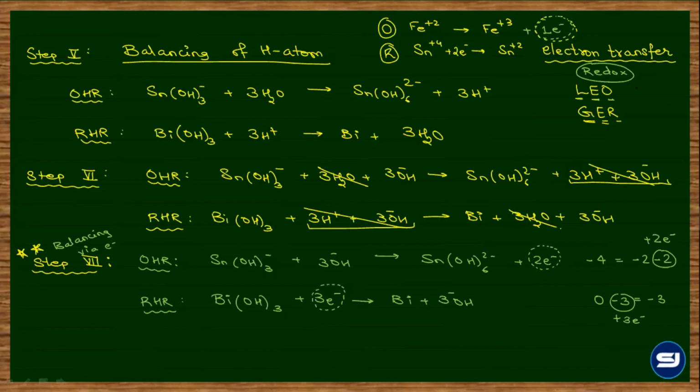So a redox reaction is said to be balanced when the number of electrons lost becomes equal to the number of electrons gained. Look at the reaction and tell me how much was the loss.